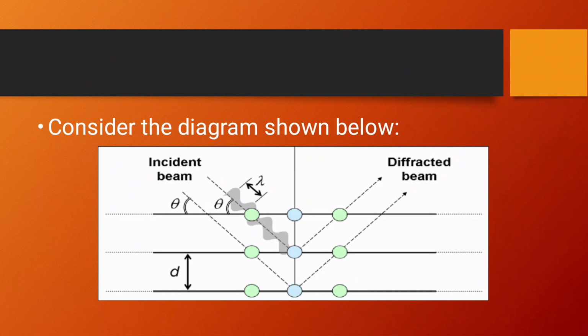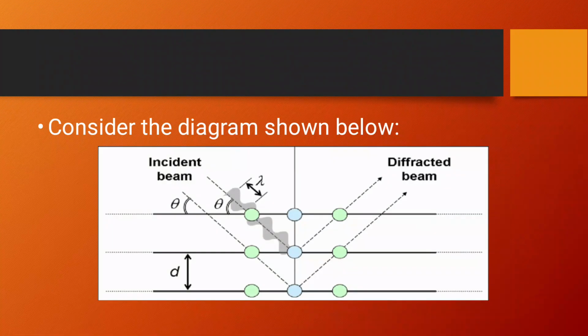Now let us consider this diagram. We have the incident beam and the diffracted beam. The beams we are using here are X-ray beams with wavelength lambda, and the angle of incidence is theta. Because we are assuming that these planes are plane mirrors, the angle of reflection will also be theta.